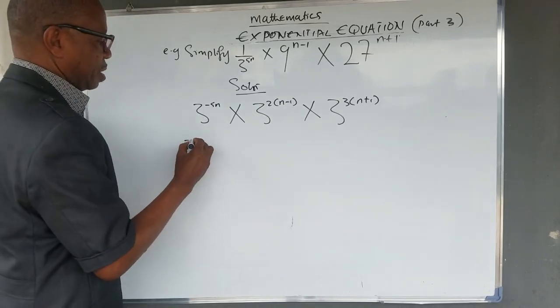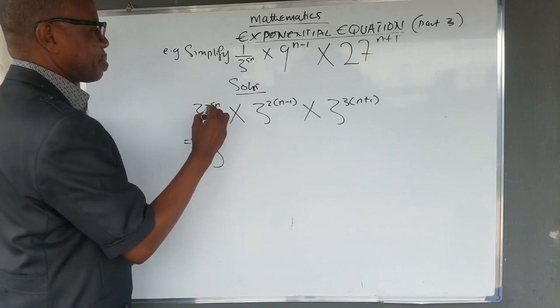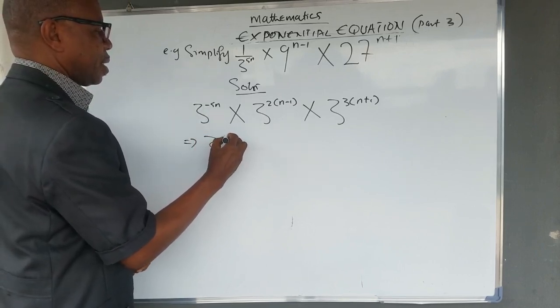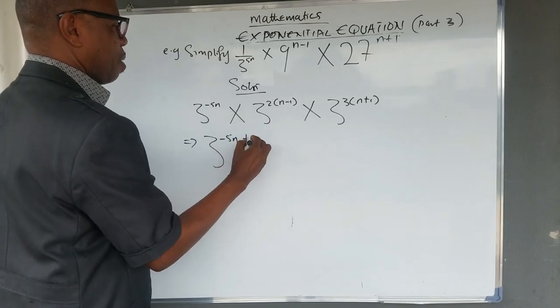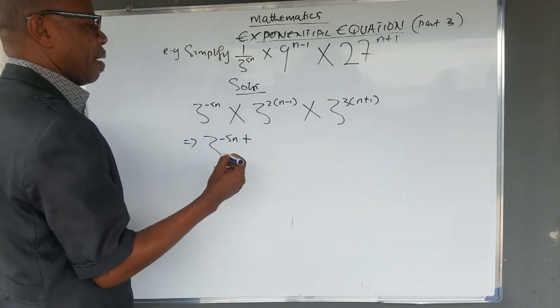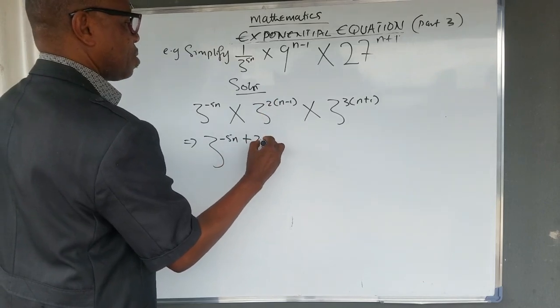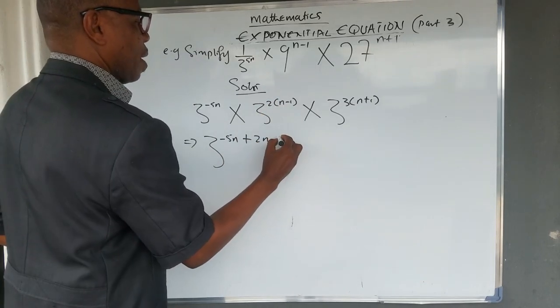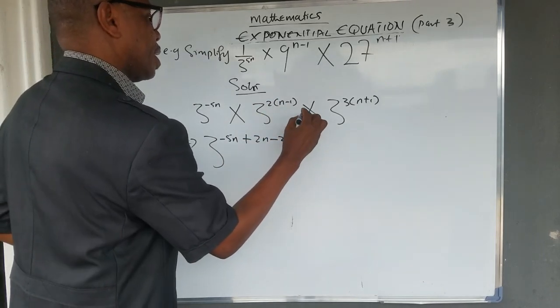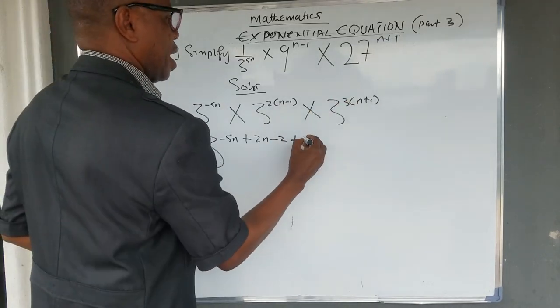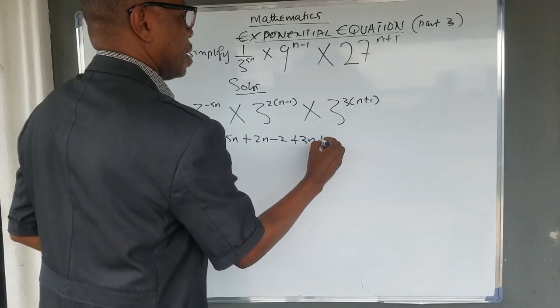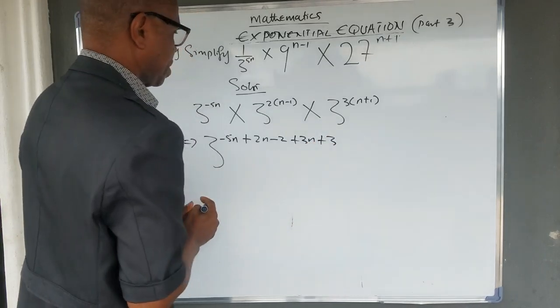So the simple thing to do is just take one 3, follow the rule, minus 5n, and we now go with plus. When common base multiply, you add their powers. 2 times n is 2n. 2 times 1 is 2. Plus 3 times n is 3n. 3 times 1 is 3.